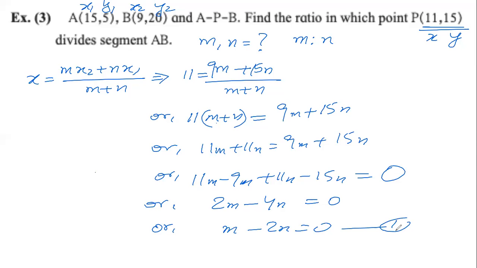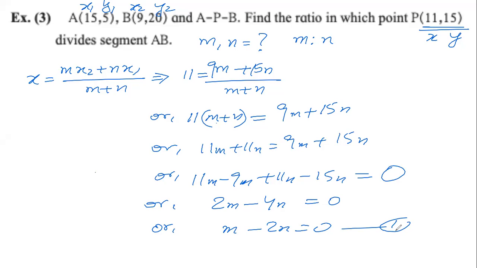Now Chand will say this is a linear equation in 2 variables. Similarly, using the formula y equals my2 plus ny1 divided by m plus n, and here the value of y equals 15, we can find another equation, a linear equation in 2 variables in m and n. And we can solve these 2 equations, whichever method we want to use, to find the value of m and n.